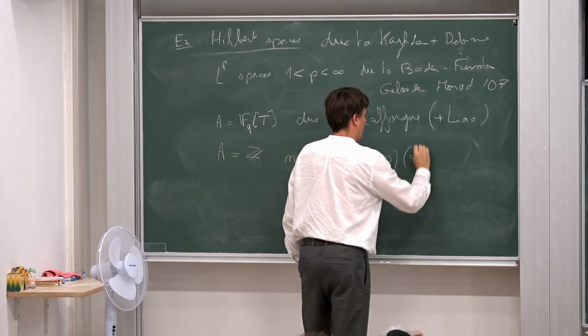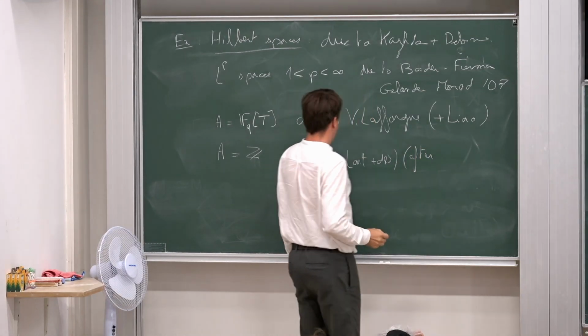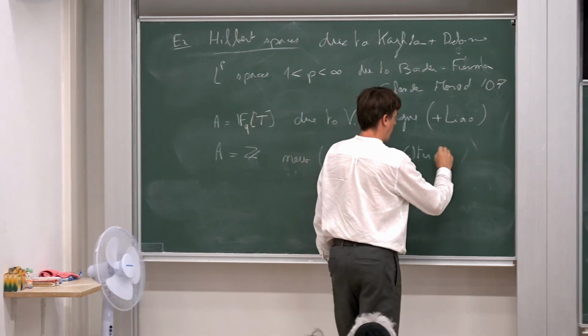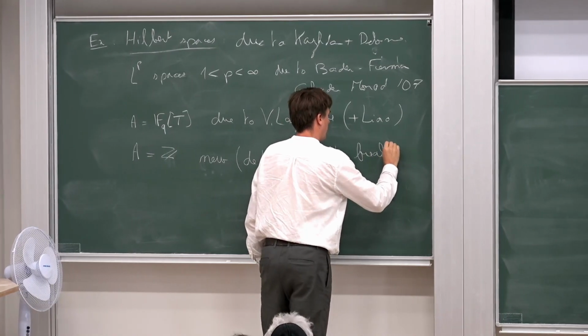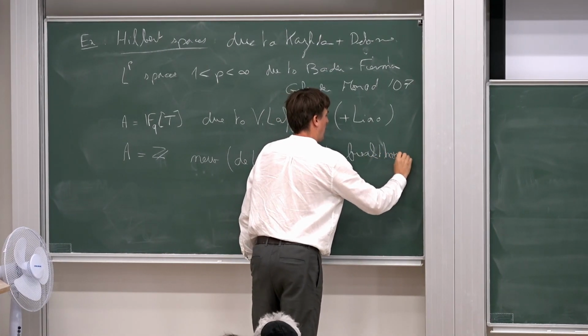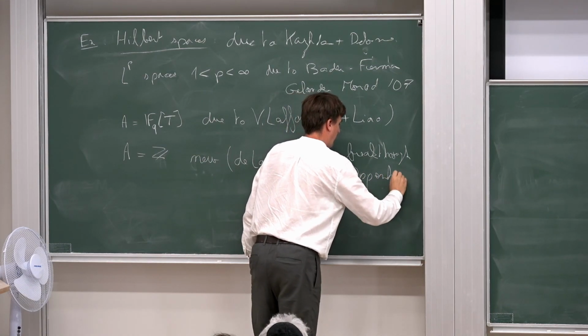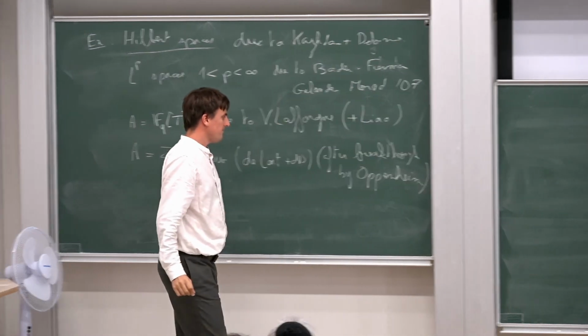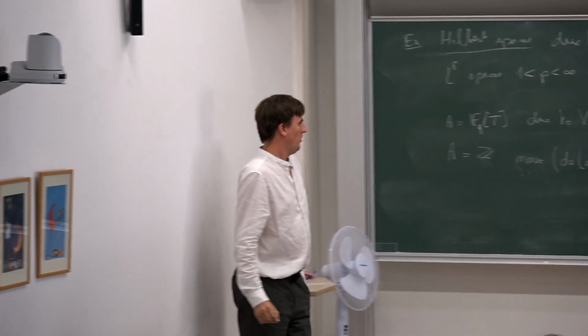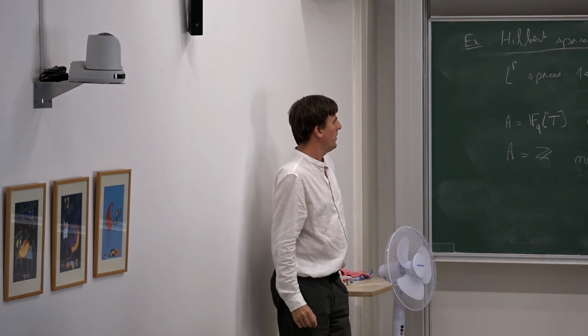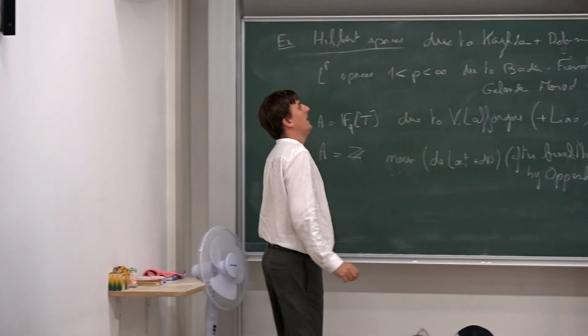And so the statement is due to Tim and myself, but it follows a breakthrough by Oppenheim, by Isaac Oppenheim. I will say a bit more probably later what he did and what we do and what are the ideas.